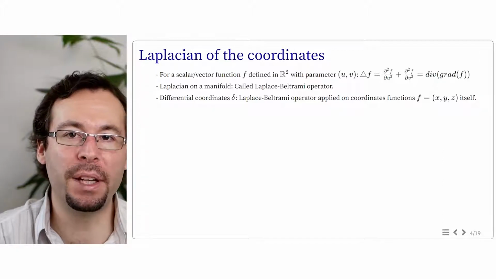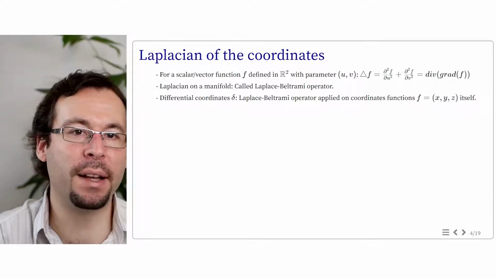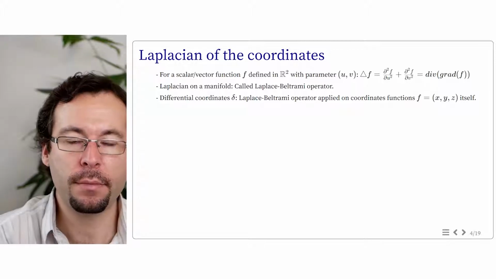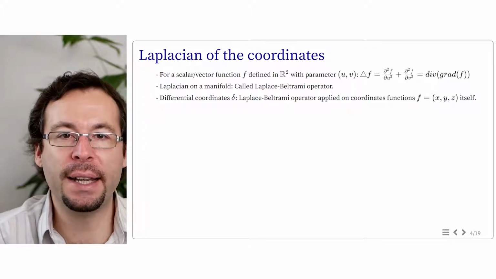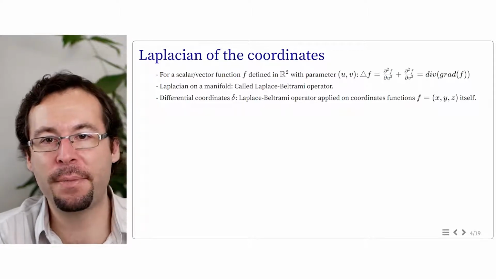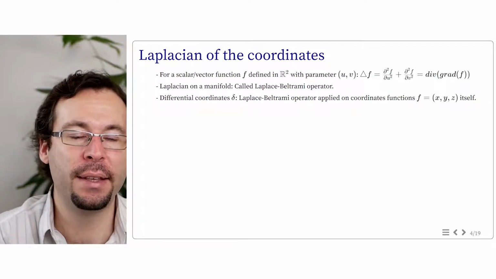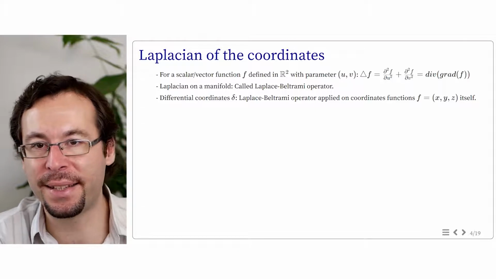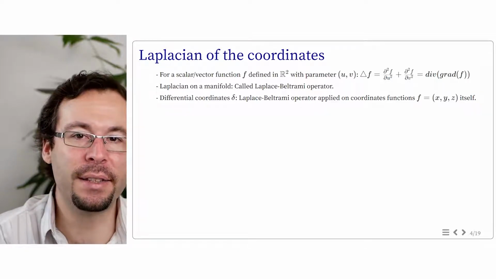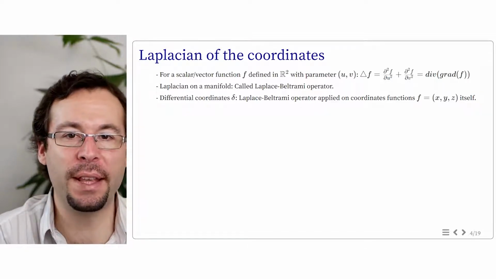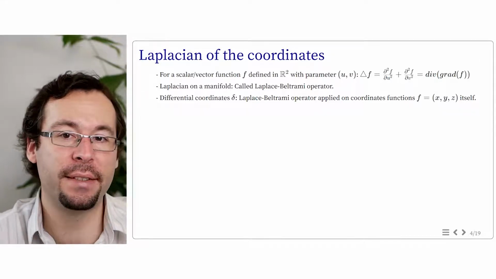The Laplacian applied on a manifold is called the Laplace-Beltrami operator. The differential coordinate delta is the value of the Laplace-Beltrami operator applied on the coordinate function f equal to xyz itself. And it's the Laplacian on the surface of its own coordinates.